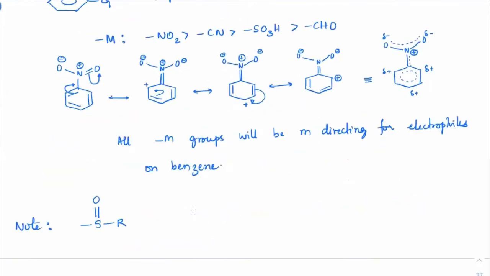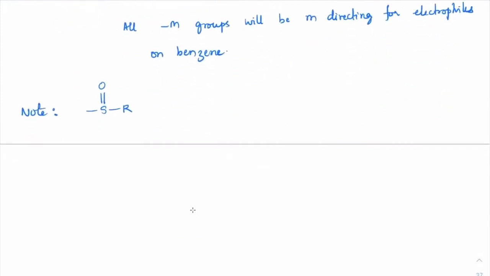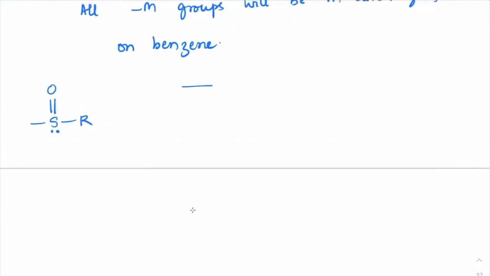Okay. Now come to this case. Suppose if you have S double bond O and R, and along with that there is a lone pair on it. Imagine it is connected to benzene. Now, problem is this pi bond can be shifted here and pi bond can move on to oxygen.